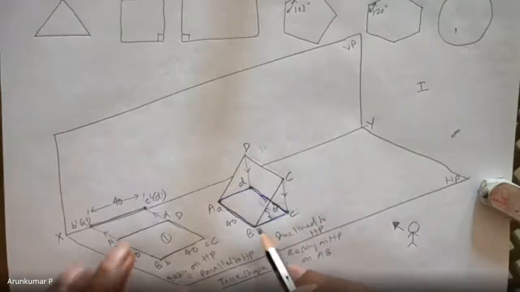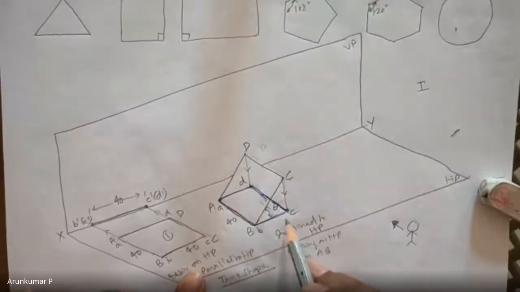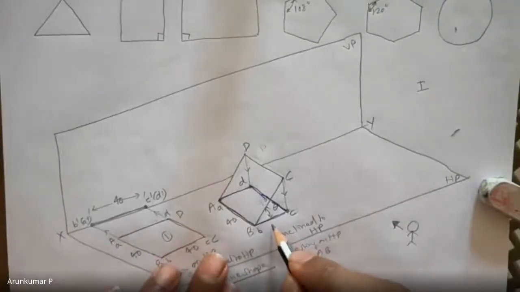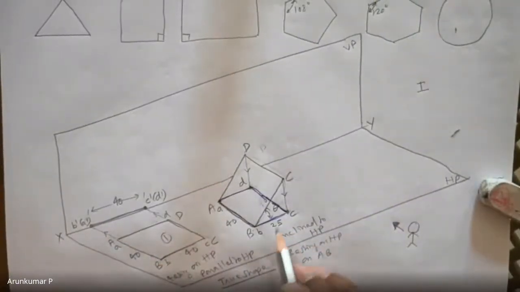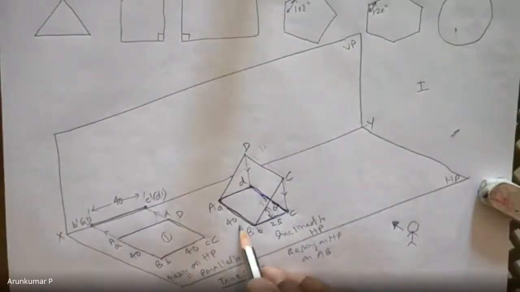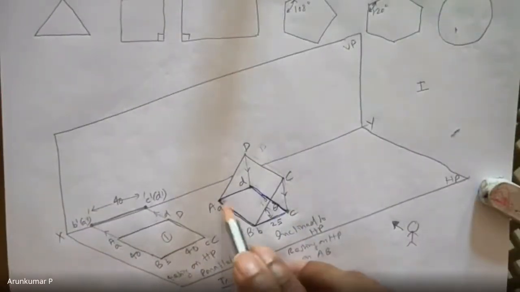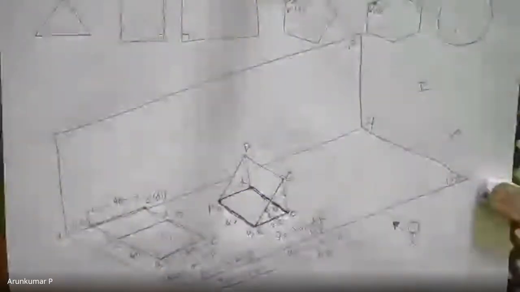It is also 40. Tell me, what is the length of BC and AD? Is it 40 or less than 40? Less than 40. Yes, 100% it is less than 40. It may be around 25 to 30. I'm not very sure. Let us assume it is 25. So you can see that the top view has become a 40 by 25 rectangle.